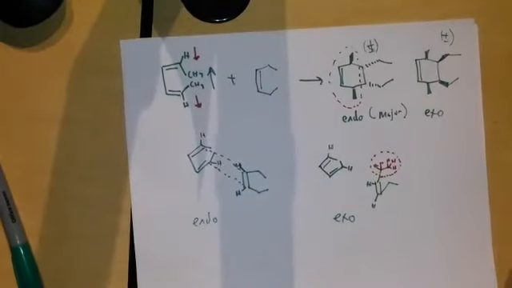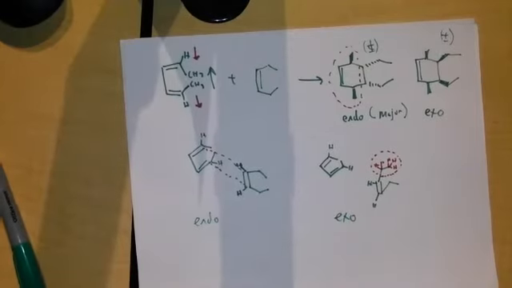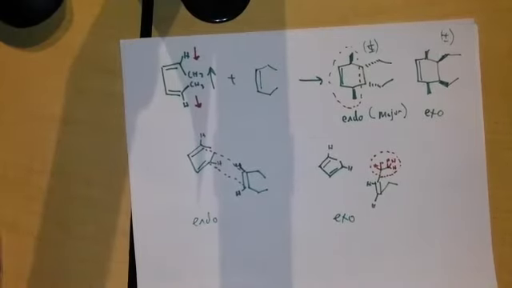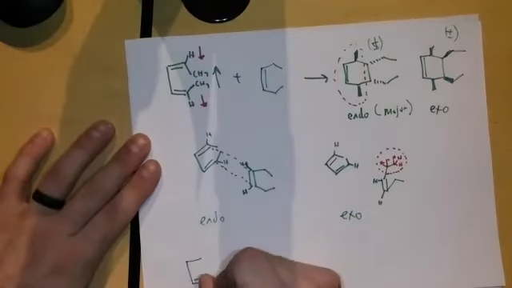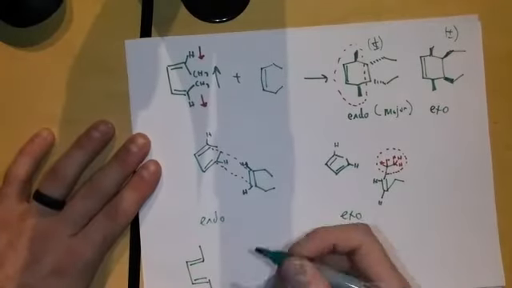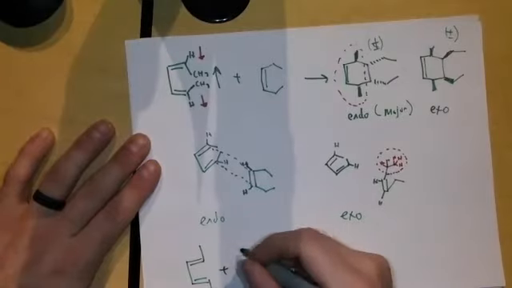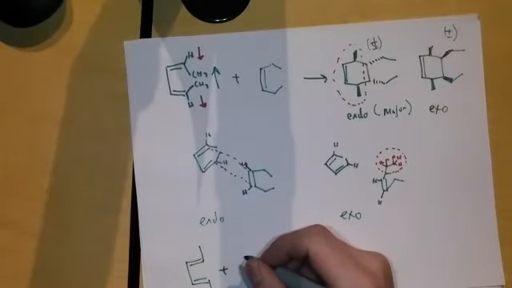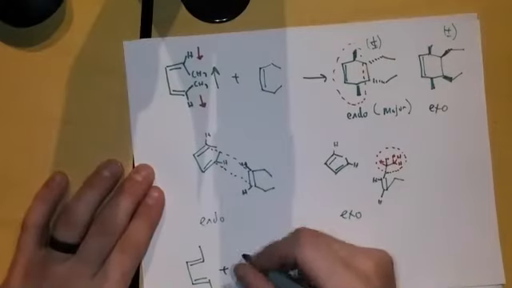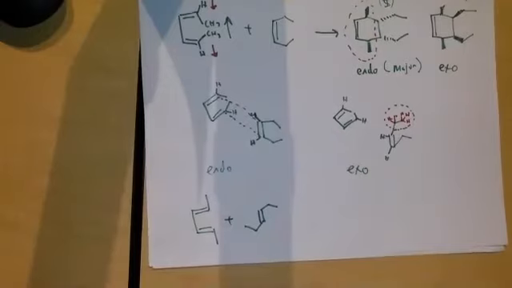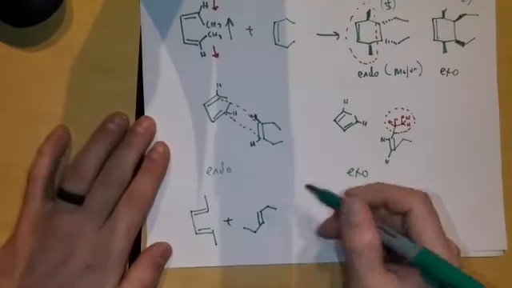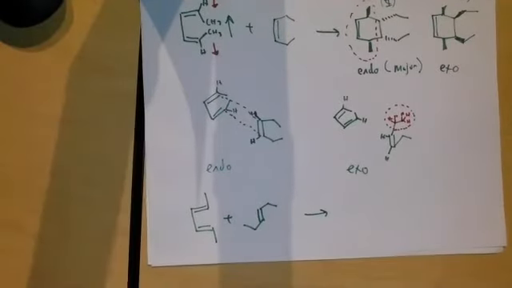So another example, I did this one in the other class. This is an example where it doesn't actually matter. But I talked about it with them, so I'll talk about it with you guys again. If I have it where they're nicely symmetrical, it's not going to matter because they are going to give me the exact same product either way.